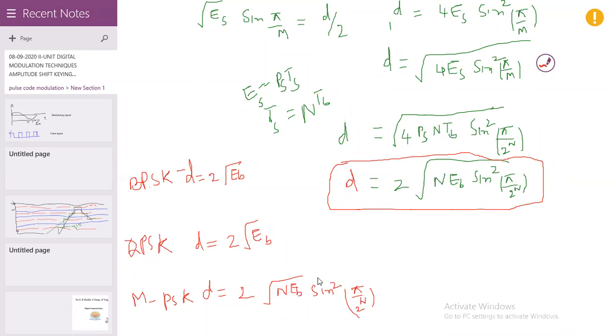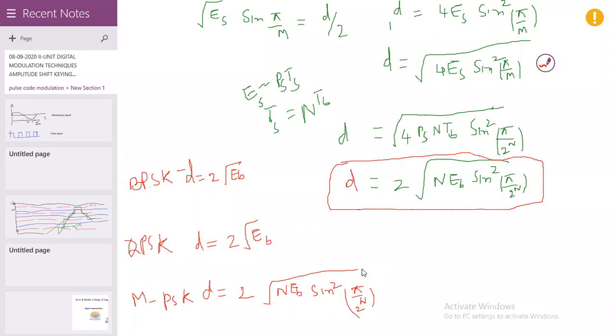Sorry, 2 to the power of n. This is the distance between two symbols in three phase shift keying modulation techniques: BPSK, QPSK, M-array PSK.